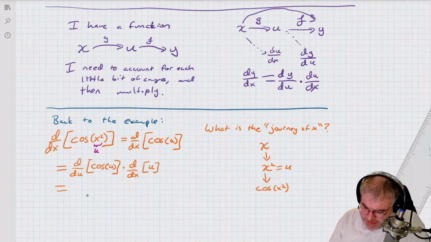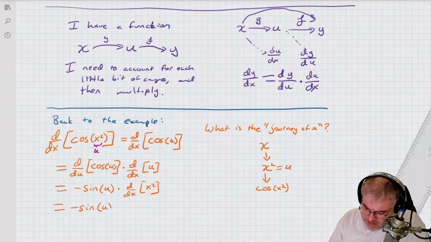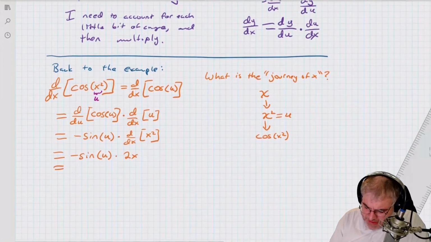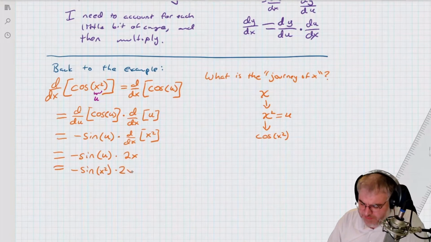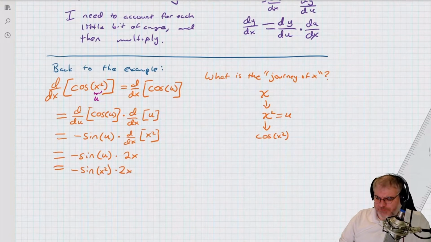So this becomes negative sine of u times the derivative of x squared, which equals negative sine of u times 2x. And since I made u, I'm going to sub back in u, and I get negative sine of x squared times 2x. I have to make that substitution because I made u. And then that's the answer.